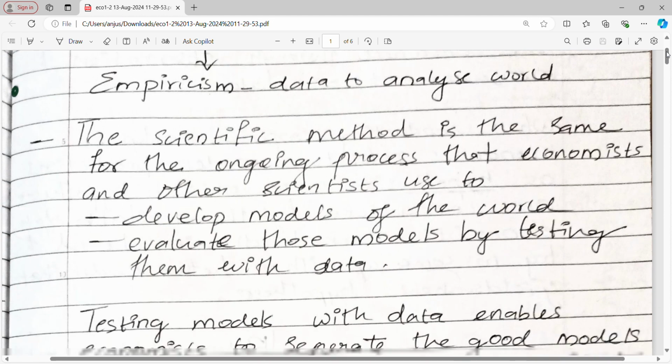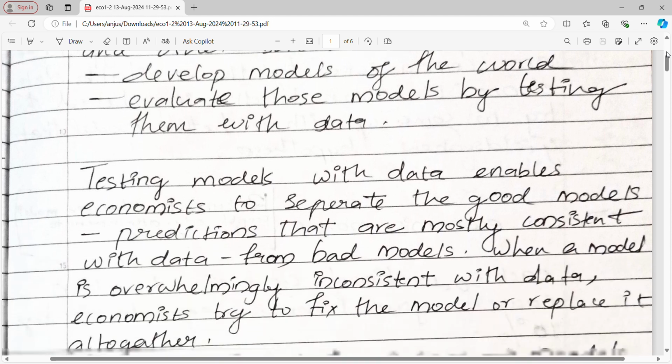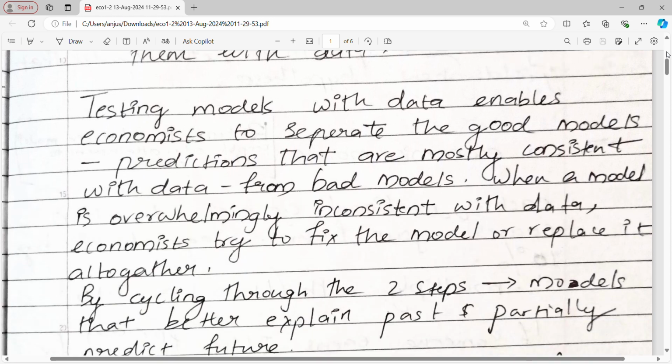So the scientific method is the ongoing process that economists and other scientists use to analyze the world. How do they analyze? They develop models of the world. Then they evaluate those models by testing them with data. Testing models with data enables economists to separate the good models, that is, the models which predict most consistently with data, which match up with human behavior, from the bad models.